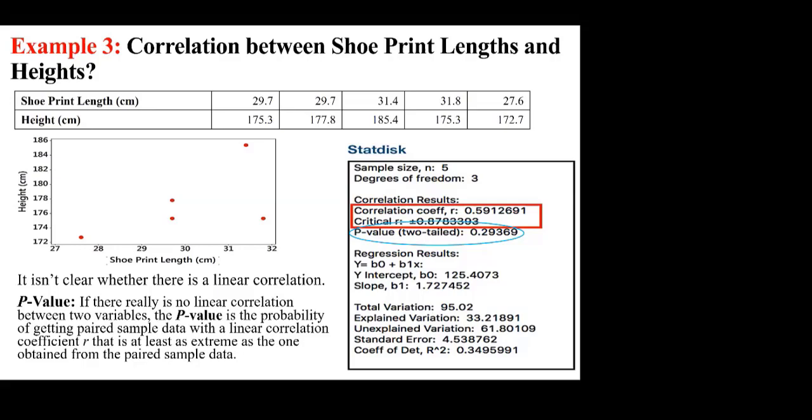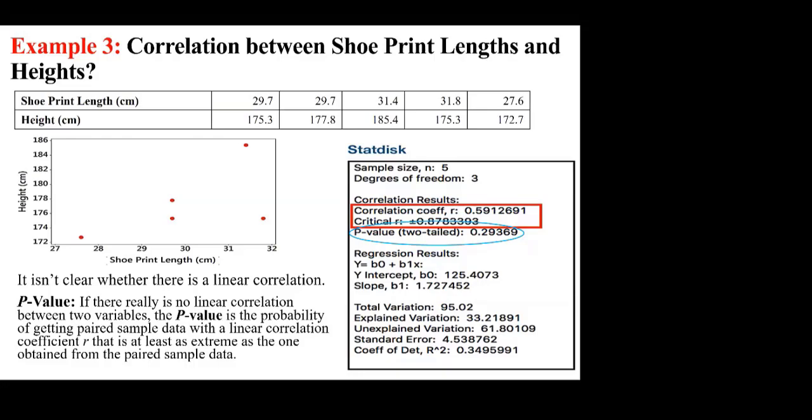P-value: if there really is no linear correlation between two variables, the p-value is the probability of getting paired sample data with a linear correlation coefficient R that is at least as extreme as the one obtained from the paired sample data.